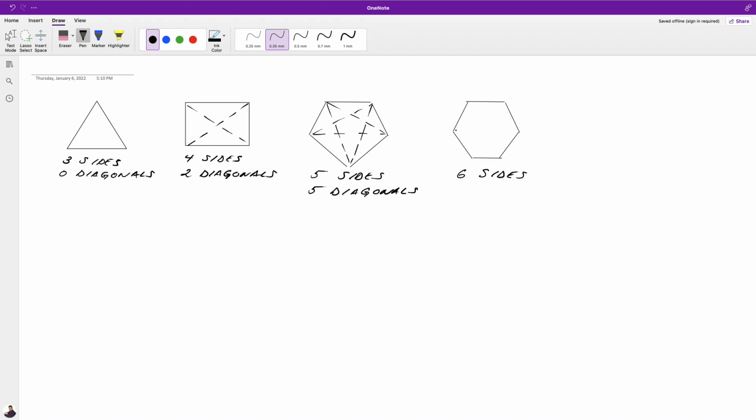Well, let's count them up. 1, 2, 3. Okay, exhausted that. 4, 5, 6. Exhausted that. 7, 8. Okay, exhausted that. 9. All right, so 6 sides, 9 diagonals.